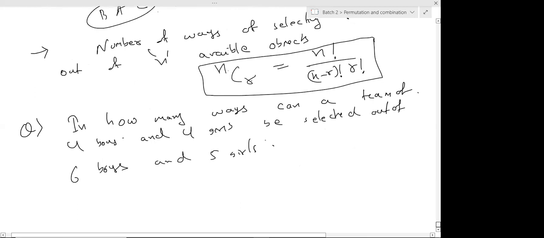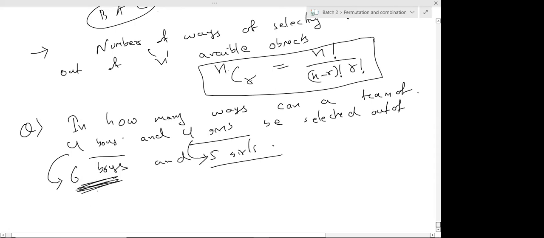All right, so suppose in your school there is a quiz tournament and you have to send 4 boys and 4 girls as a team. All right, and you have to choose from 6 boys and 5 girls. So you have to choose 4 boys out of 6 boys and 4 girls out of 5 girls.